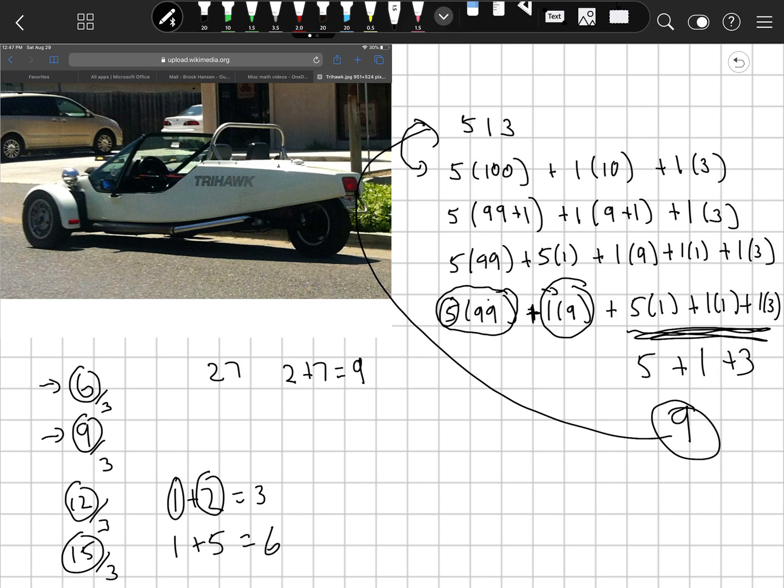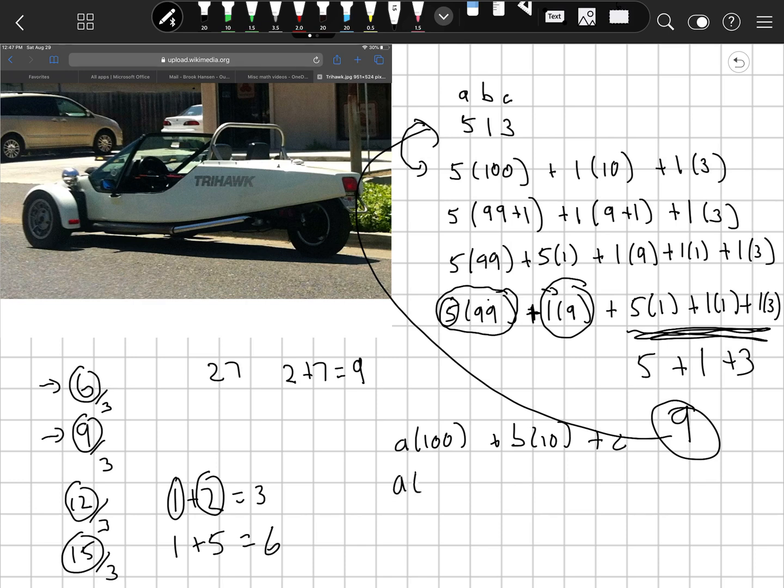Now, if you wanted to prove it for any number, instead of putting 513, you'd use A and B and C, and we're assuming that A plus B plus C is a multiple of 3. So let's finish it off. This time, instead of 5 times 100, it's A times 100 plus B times 10 plus C times 1.